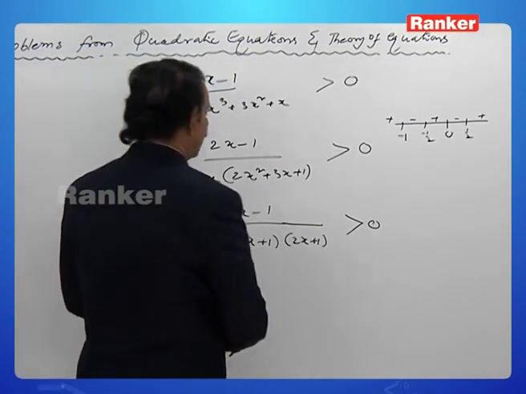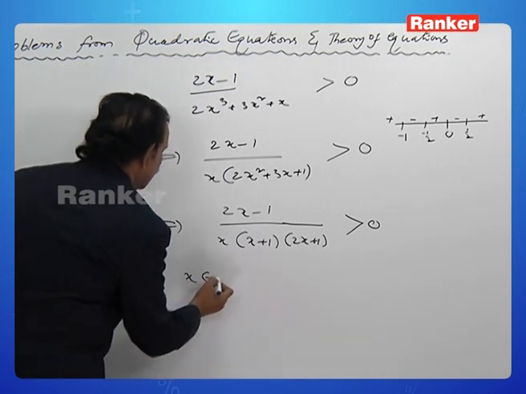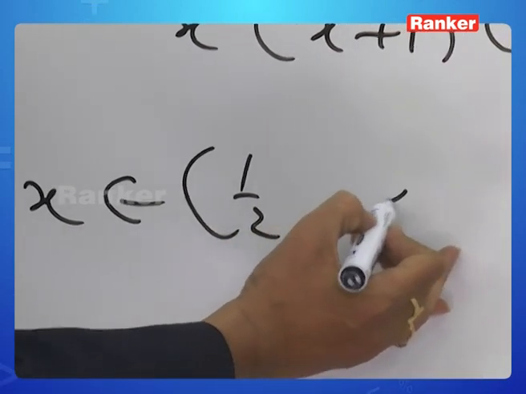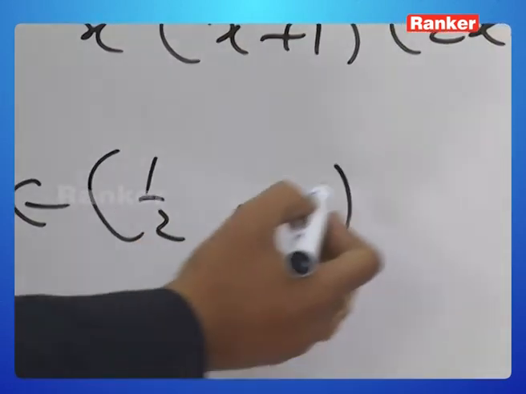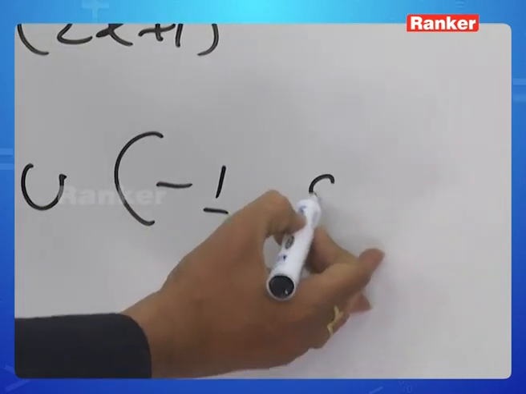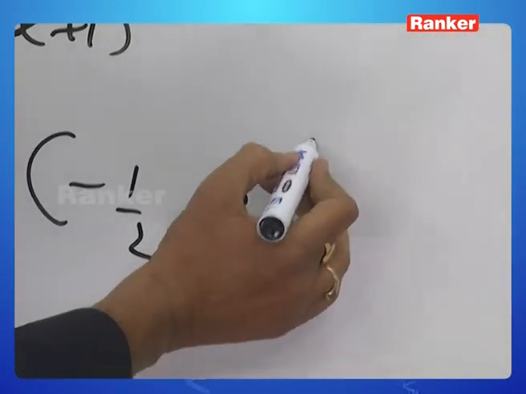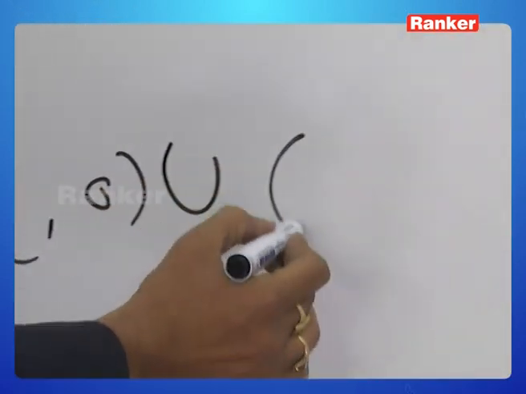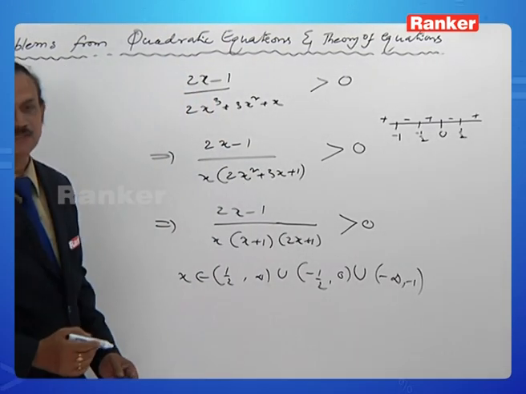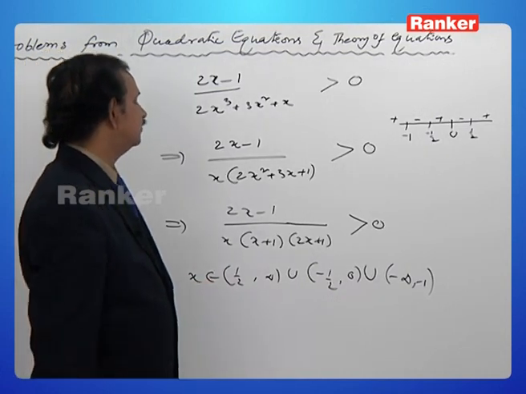Observe the regions in which x is greater than 0. So, x belongs to half to infinity union minus half to 0 union minus infinity to minus 1, because we should have a positive answer.